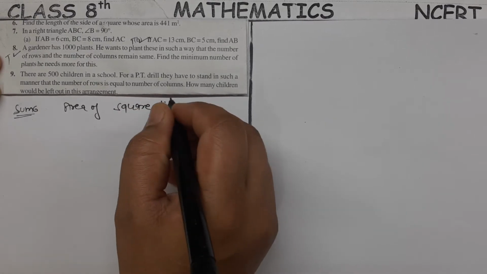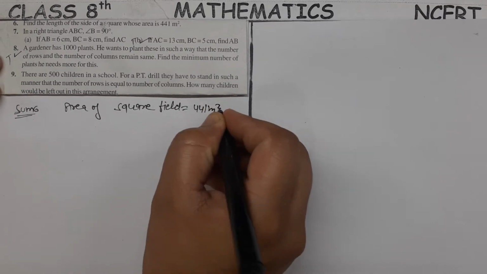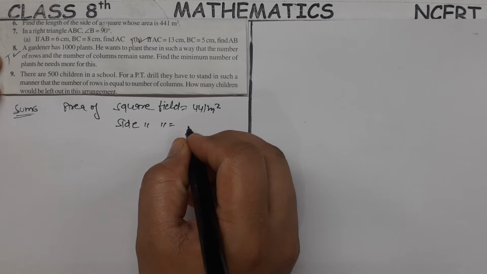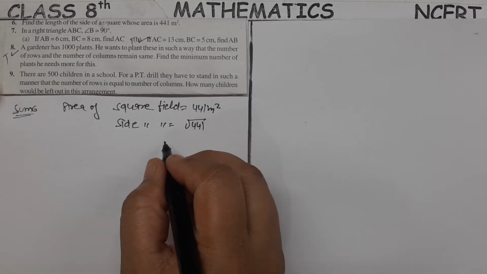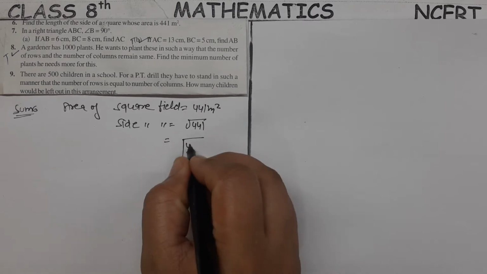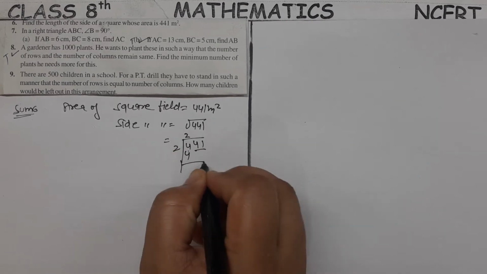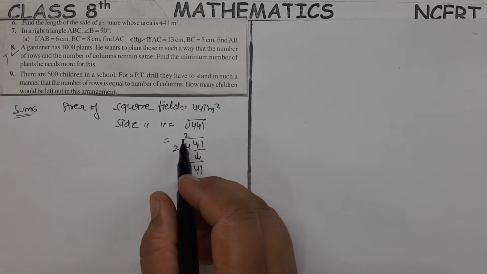Area of square field is 441 meter square. Side of square field, that is root 441. Pair 2, 2 2s are 4. Subtract 0. Pair 41.